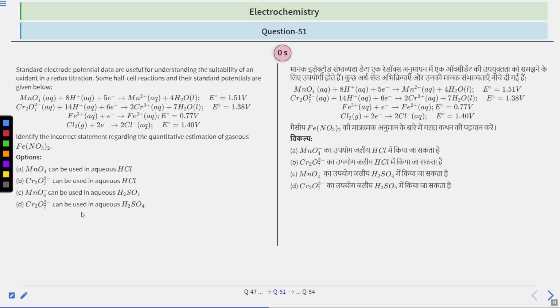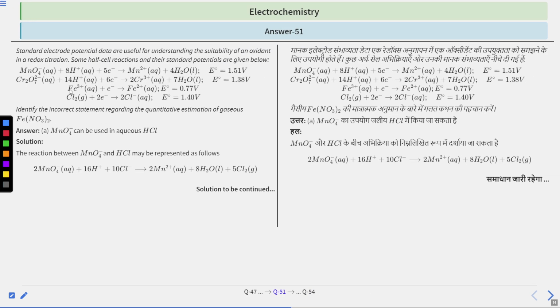Okay, let's see. The correct answer is option A, that is MnO4⁻ can be used in aqueous HCl. This is the incorrect statement we have. So the reaction between MnO4⁻ and HCl may be represented as follows: 2MnO4⁻ + 16H⁺ + 10Cl⁻ giving 2Mn²⁺ + 8H2O + 5Cl2.